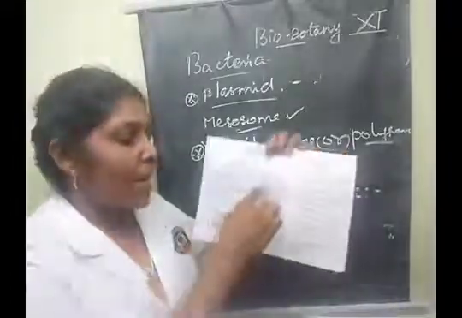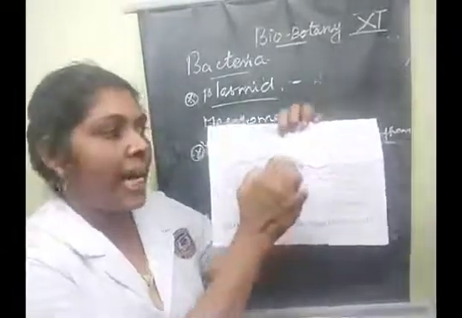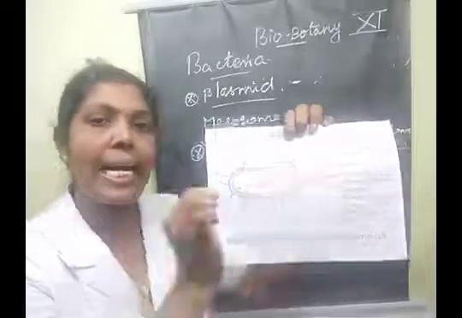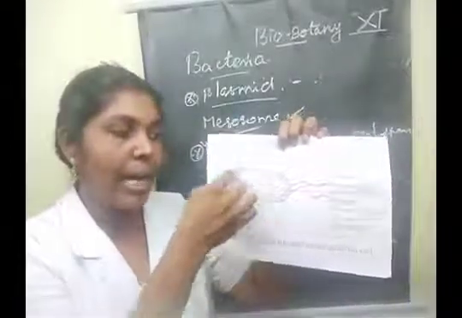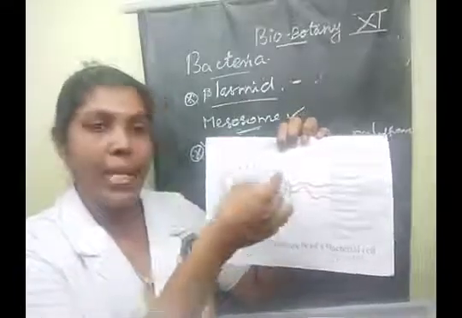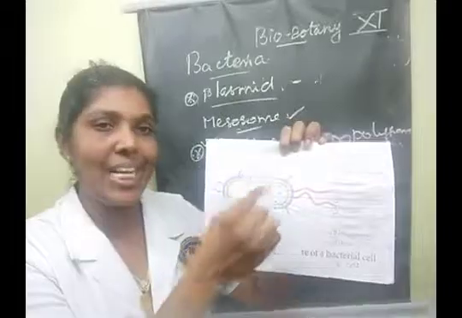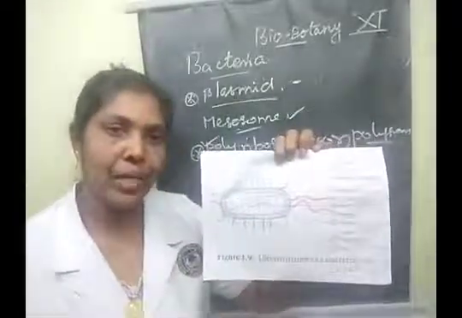From the cell wall region, there are numerous hair-like appendages. Hair-like appendages means outgrowth-like structures. Numerous hair-like outgrowths surround the cell surface region. That is known as pili. Clear, children?